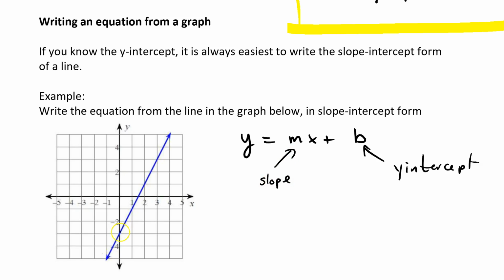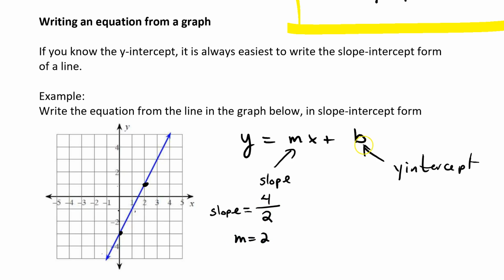So I'm just going to pick 2 points here that are right on the line, here and here. So my slope equals, from here to here I go up 1, 2, 3, 4, and run is 2. So 4 over 2, that simplifies to 2. So m equals 2.